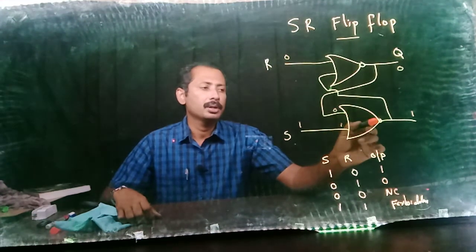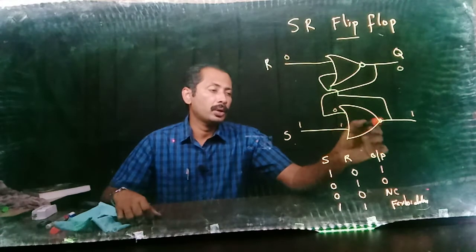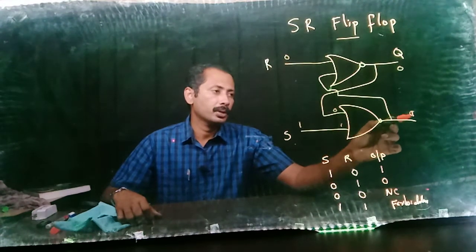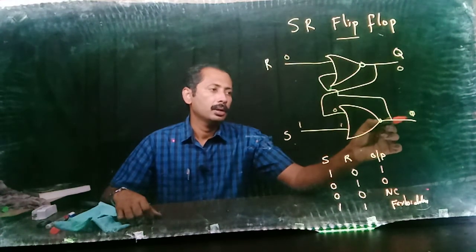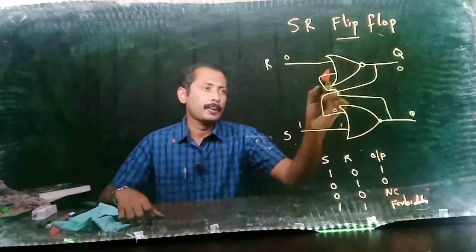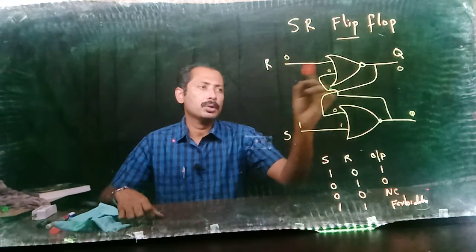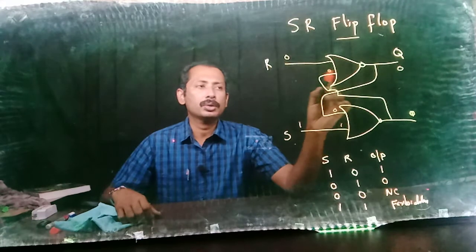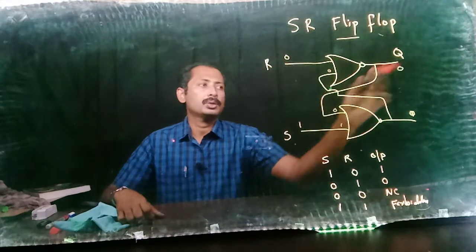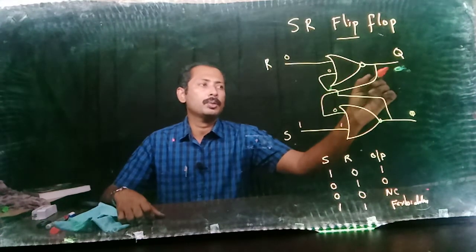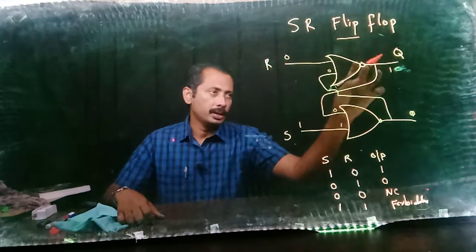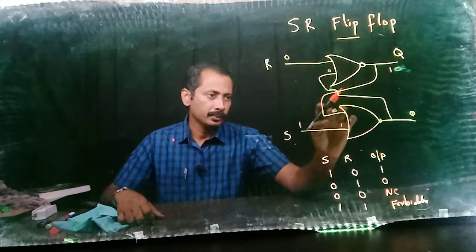For OR gate it is 1, so for NOR gate it will be 0. So output is 0 here. This 0 is coupled towards here. 0 0 for NOR gate: for OR gate it is 0, and so for NOR gate it will be 1. This one is again coupled here.